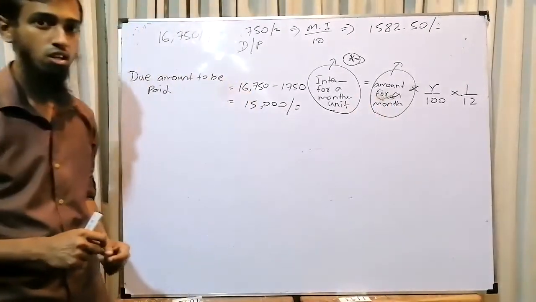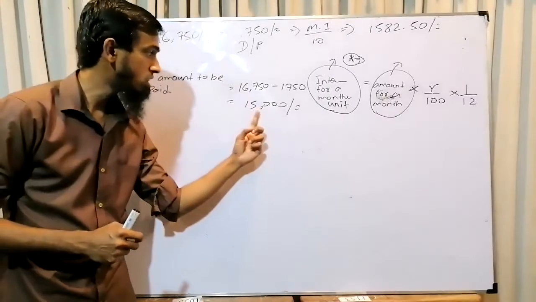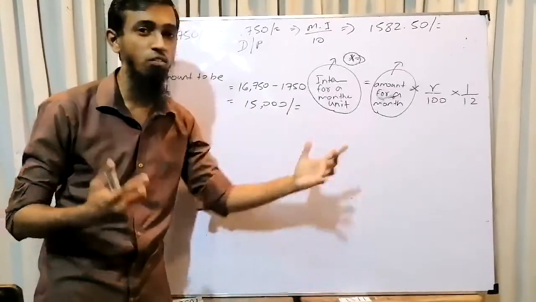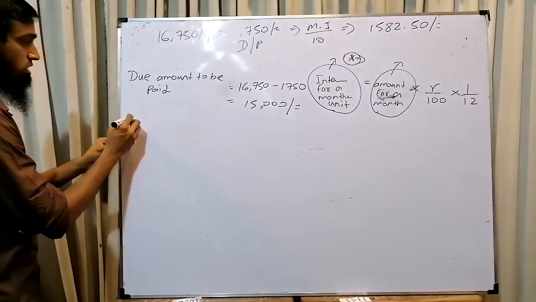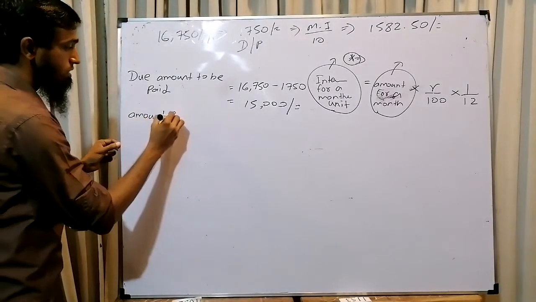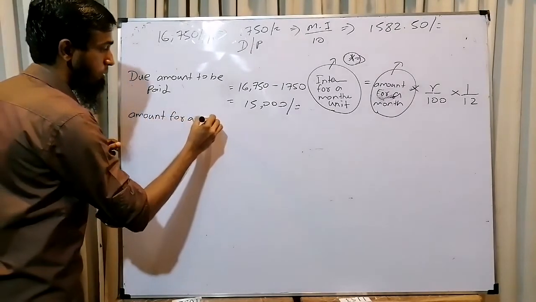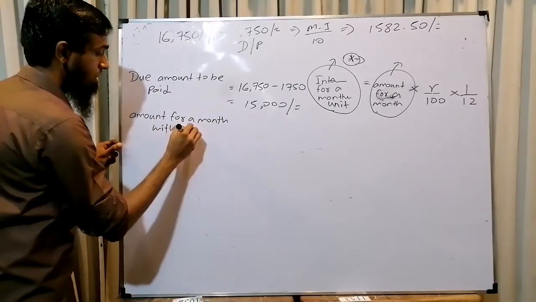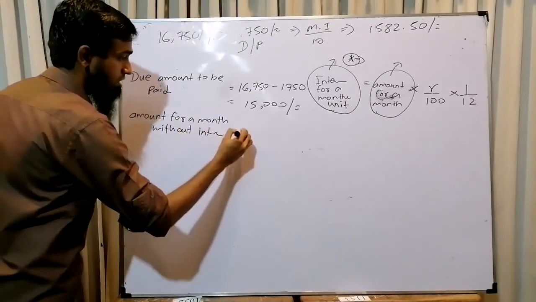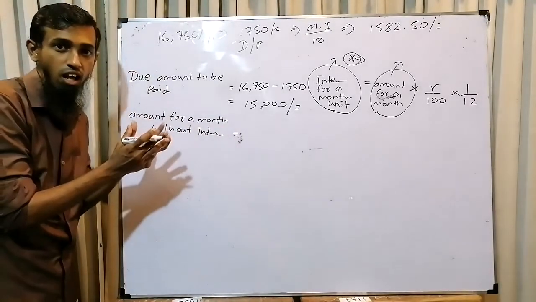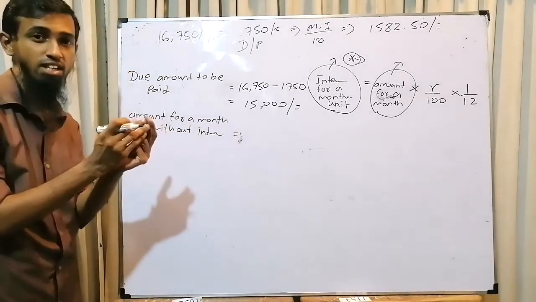This amount divided by the monthly installments gives the amount for a month. Secondly, the amount for a month without interest, because this sentence gives some idea and knowledge of the interconnection.